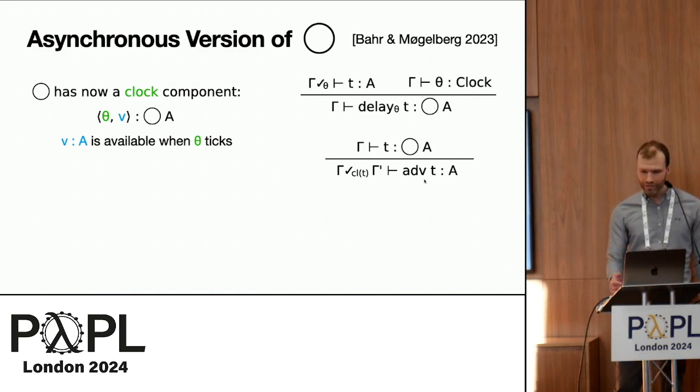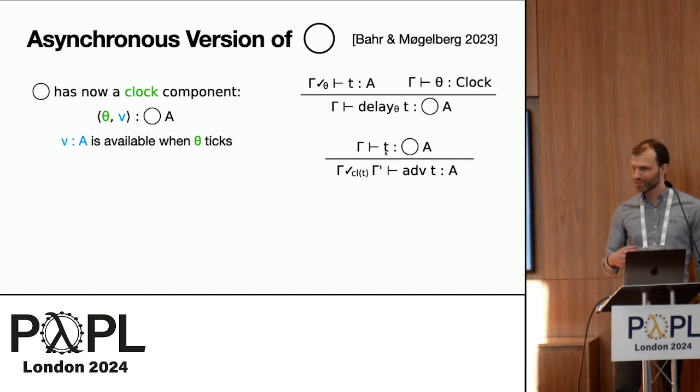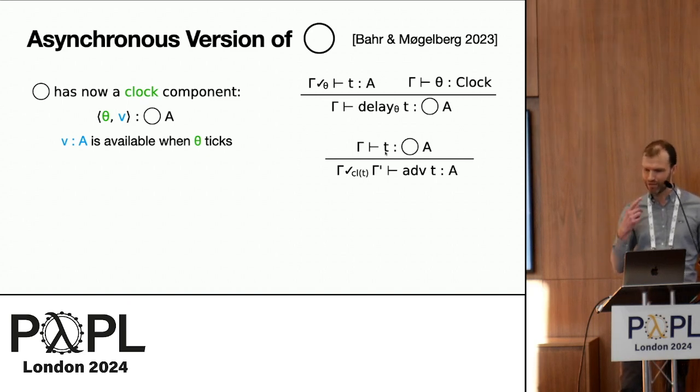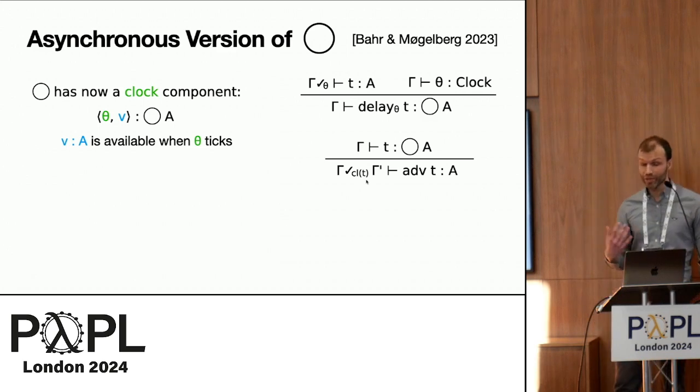Given a delayed computation t of type later A, we can turn it into its value of type A, assuming that we know that the underlying clock has ticked. We have to be careful about this, and this is why we have these additional things in the context, these tokens, that tell us something about the timing information.